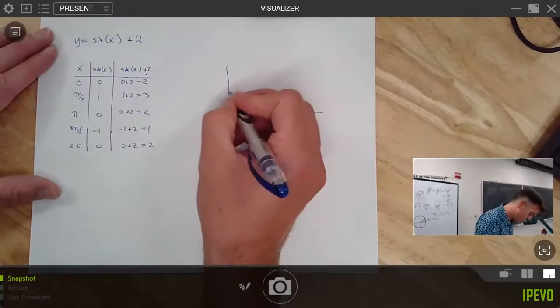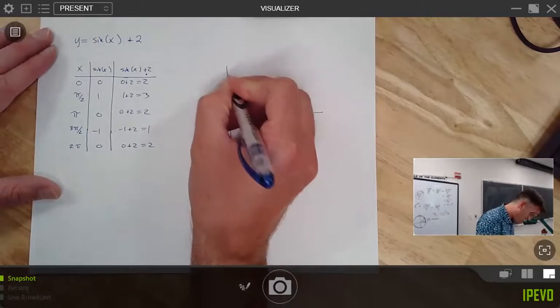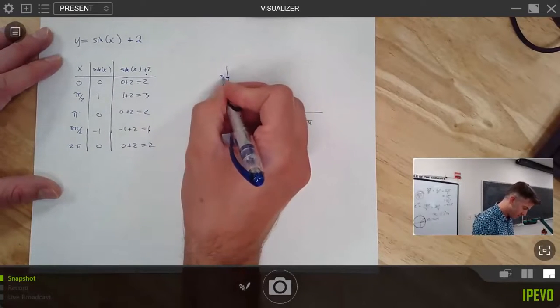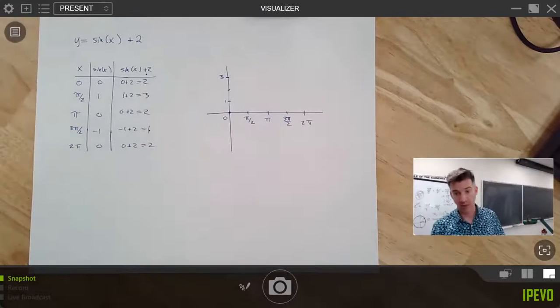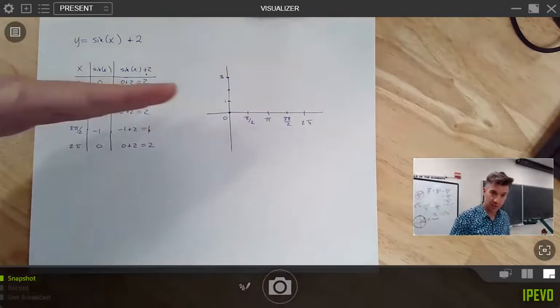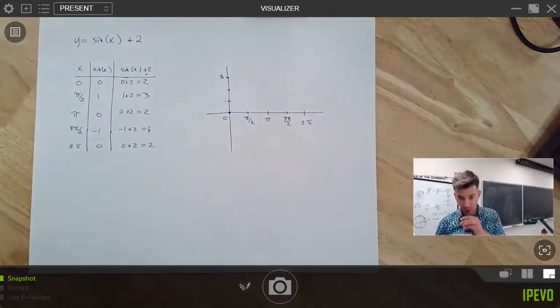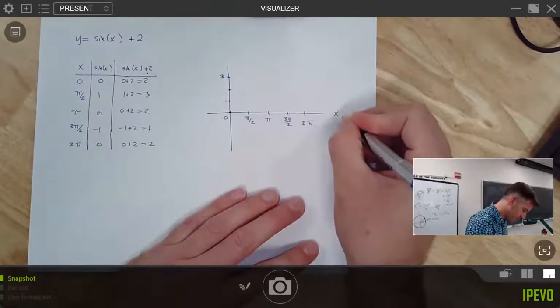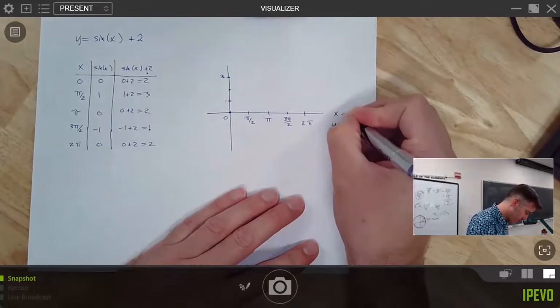So here, I know my lowest value is 1, my biggest value is 3. But here's the trick I really think about. When I'm shifting something up or down, I think about how the x-axis is shifting. The x-axis is just another name for y equals 0.